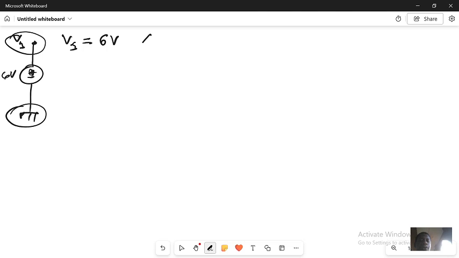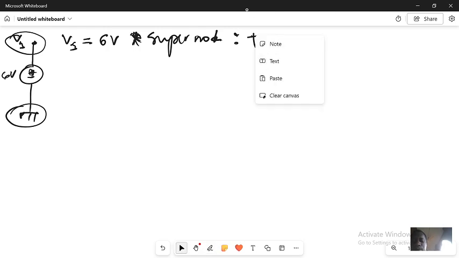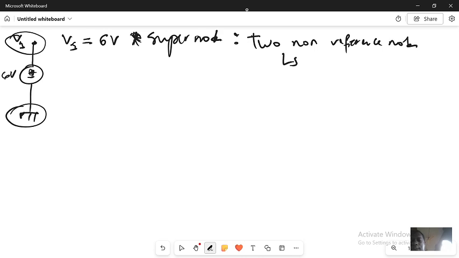Now what we are going to see is what we call a supernode. A supernode is when, between two non-reference nodes, there is a voltage source.